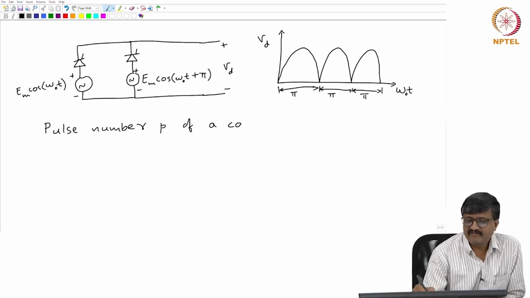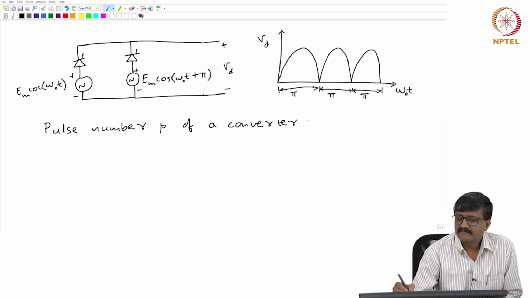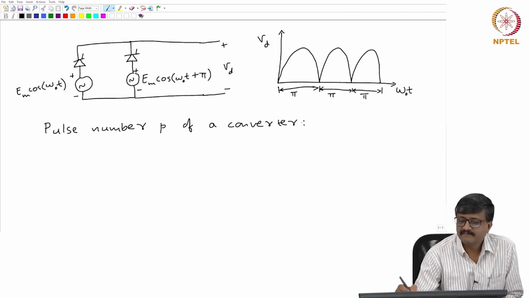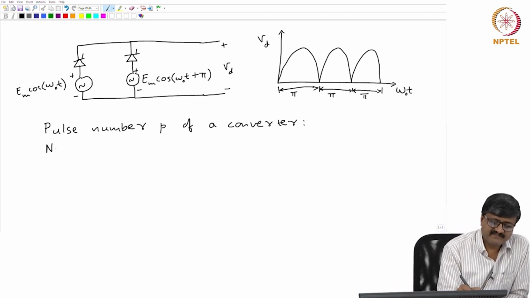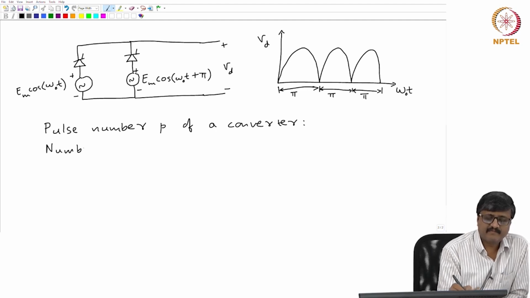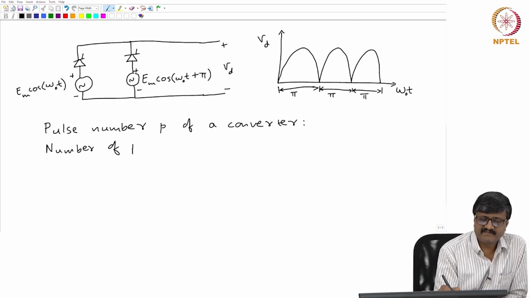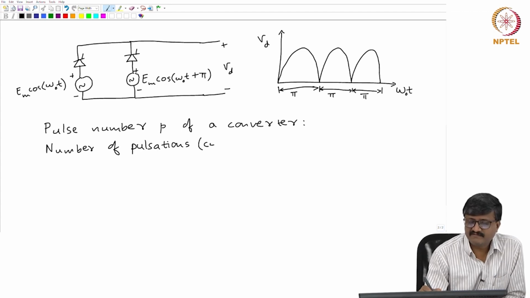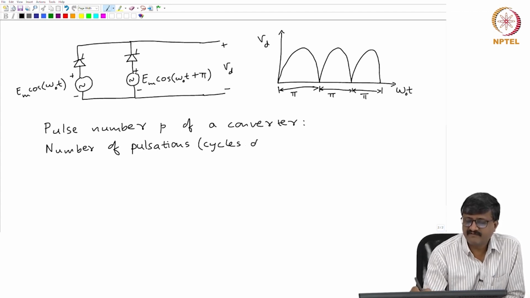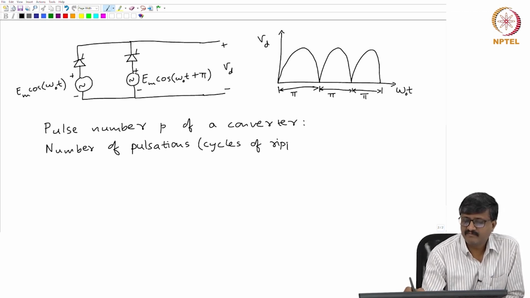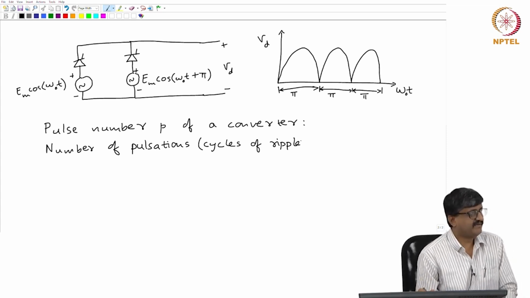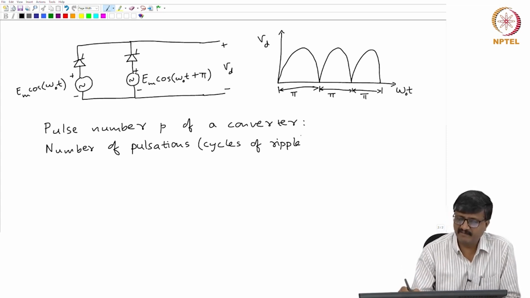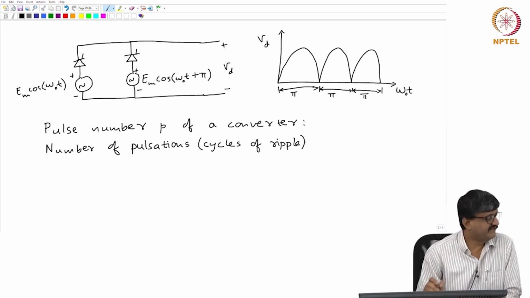So, pulse number of a converter is defined as the number of pulsations or cycles of ripple. So, I presume you are familiar with these terms, pulsations, ripple, the number of ripples that we get.